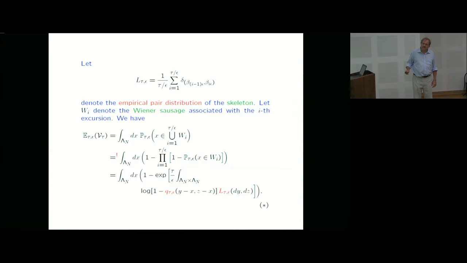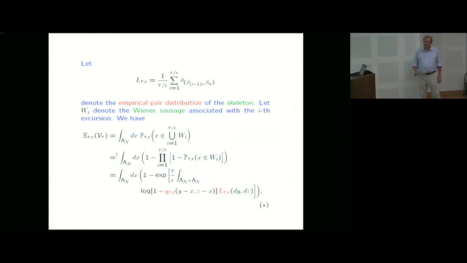I'm arguing that this conditional expectation given the skeleton can be completely written as an explicit integral with respect to this probability measure that depends on the skeleton, because it's only the skeleton points that come in here. If you give me the skeleton, this is a deterministic probability distribution as a function of the skeleton. And once you know that, I can give you what the volume of the Wiener sausage is given the skeleton.